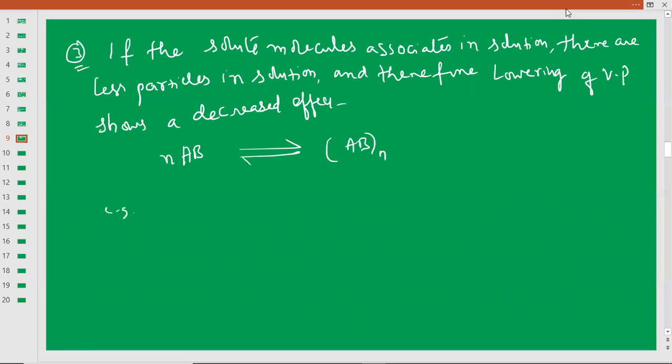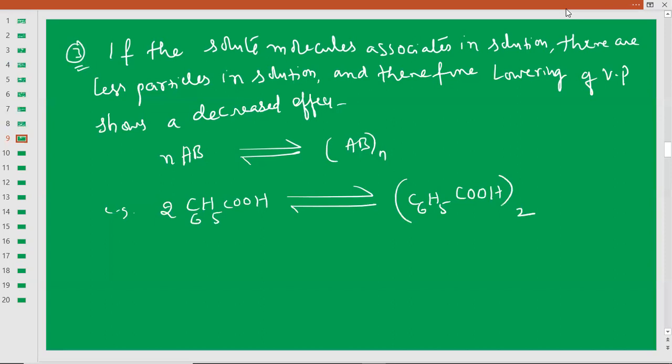For example, if you take 2 moles of benzoic acid, this benzoic acid, because of the hydrogen bonding, forms a dimer, that is (C6H5COOH)2 in a non-polar solvent. Non-polar solvent, not water.